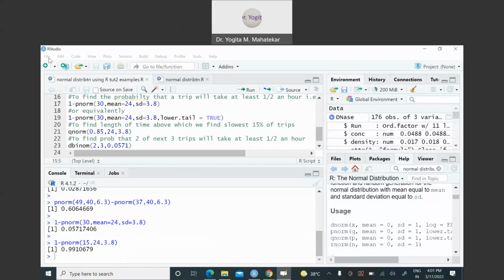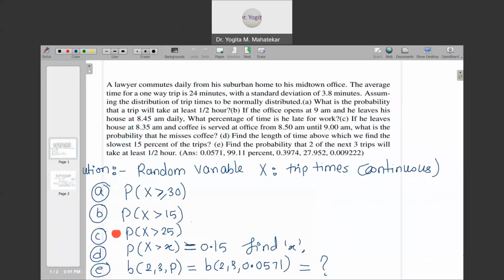Now the C part is asking us that if he leaves the house at 8:35 and coffee is served at the office from 8:50 a.m. until 9 a.m., what is the probability that he misses coffee? If he leaves at 8:35 and the coffee is available till 9, and his trip time exceeds 25 minutes, he will not get the coffee.